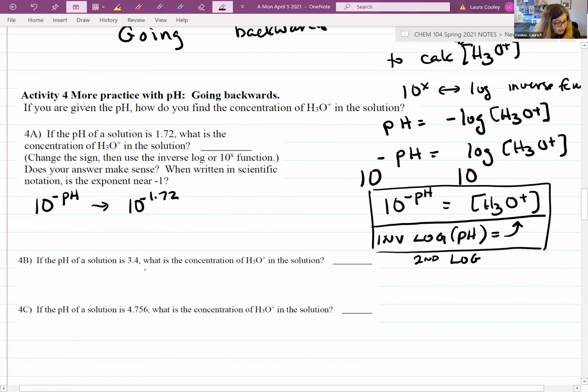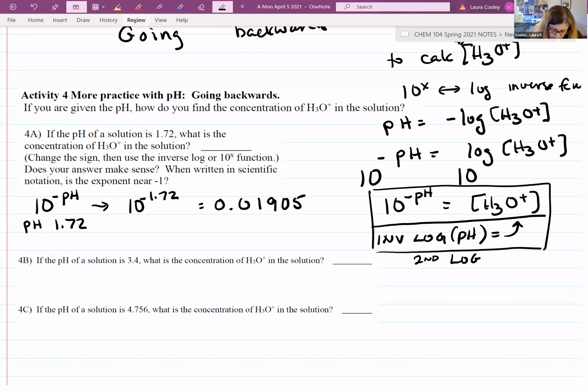So you take out your calculator, put in 1.72, change the sign, and then hit inverse log, or second log on my calculator. And I get 0.01905. All right, now let's think about the sig figs. The pH was 1.72, that's 2 sig figs after the decimal point.